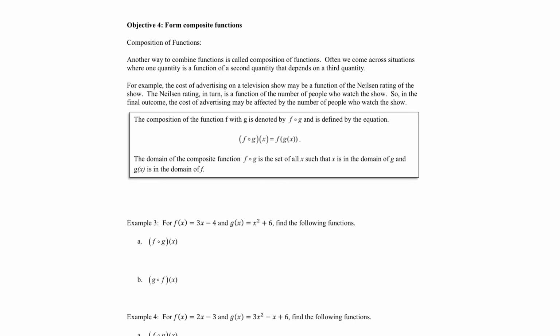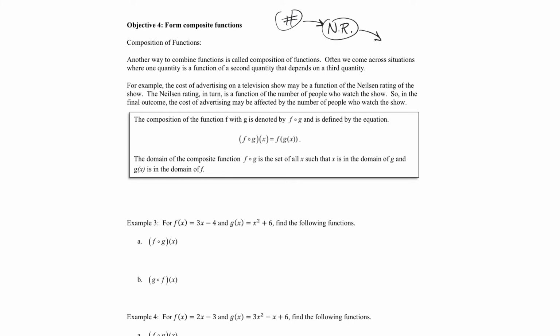The Nielsen rating, in turn, is a function of the number of people who watch the show. So, in the final outcome, the cost of advertising may be affected by the number of people who watch the show. So if you think about it, you're going to have the number of people who watch, right? Number of people. That's going to give you a Nielsen rating.